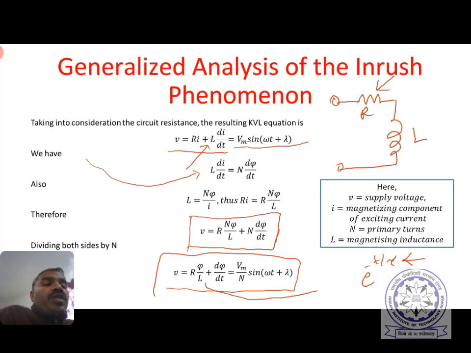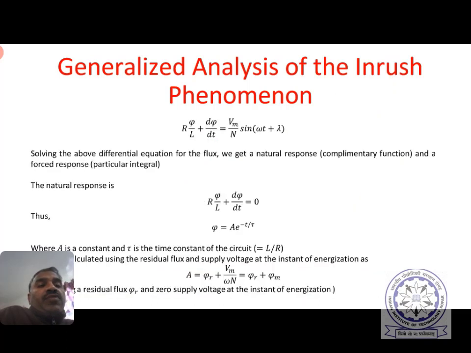That is very, very important, because i is peaky in nature, φ is sinusoidal in steady state, right? So even in the transient characteristics, we find using flux is better compared to current. Therefore, this equation is taken here. When you solve this, φ becomes the transient portion, that is the natural response.